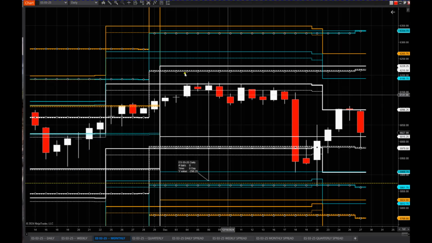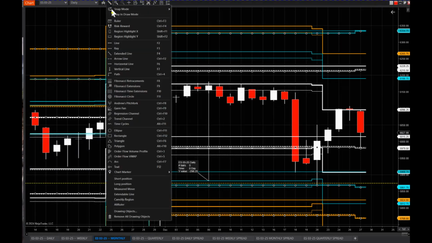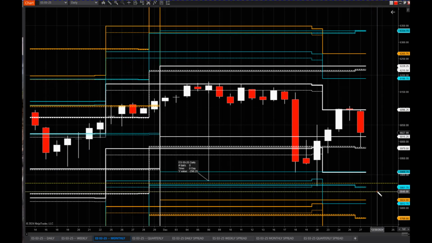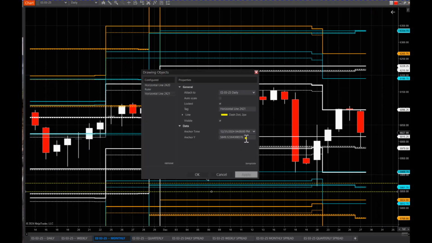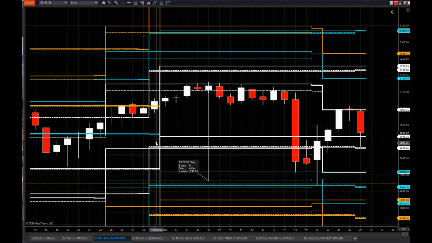So I need to draw another line on the chart because if we continue to move down over Monday and Tuesday before Tuesday closed, we can get down to 58.50 if we come back down.